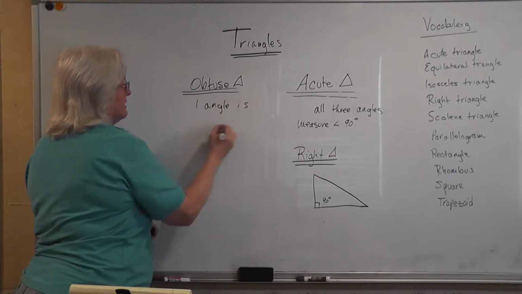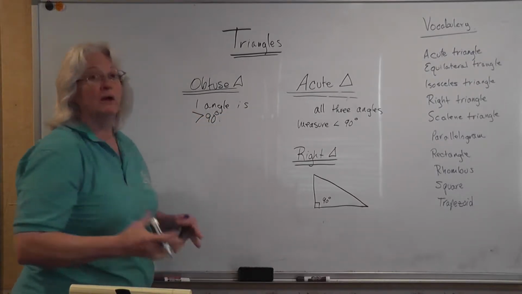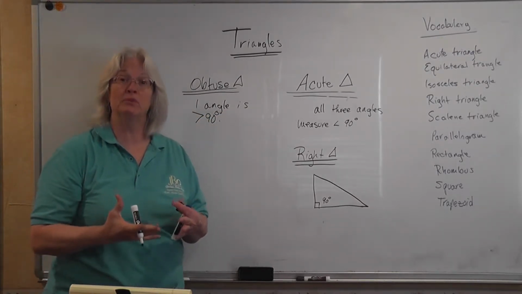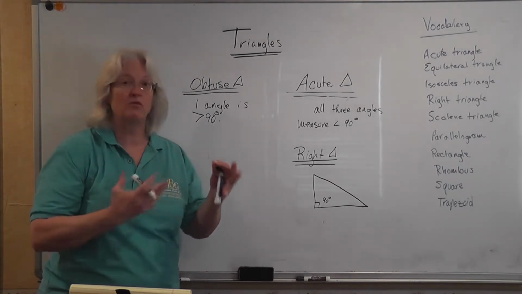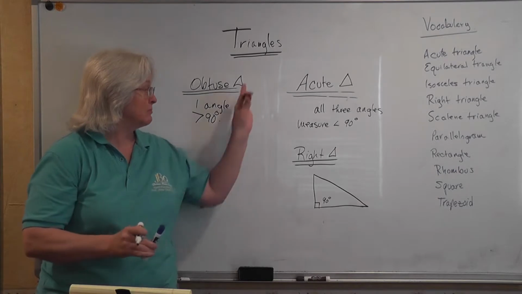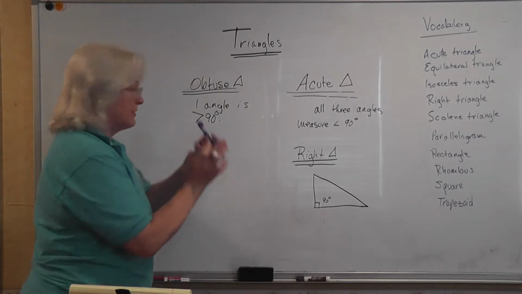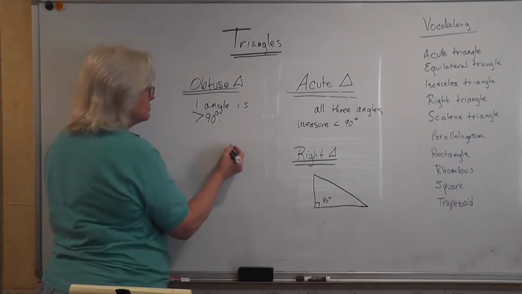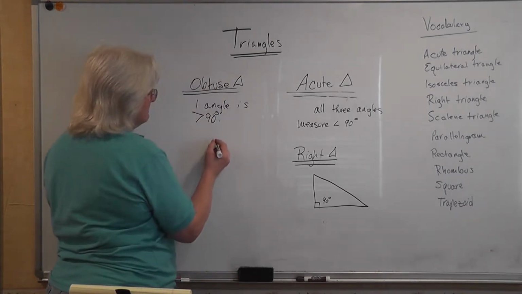One angle is greater than 90 degrees. How do we know that? The definition of obtuse in this geometric format is an angle that is greater than 90 degrees.